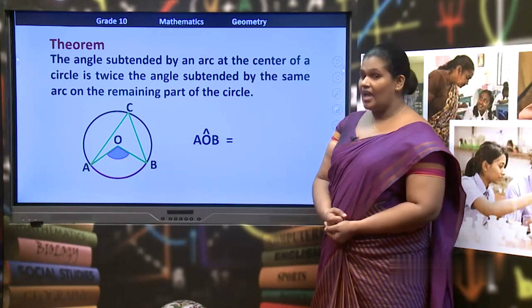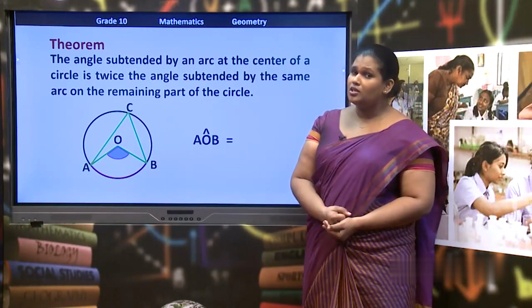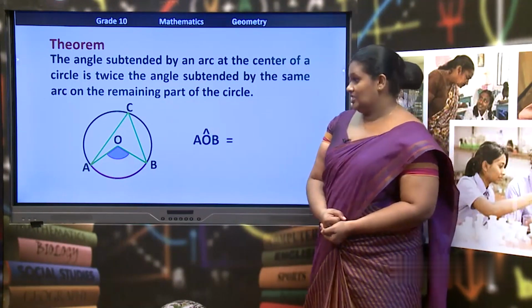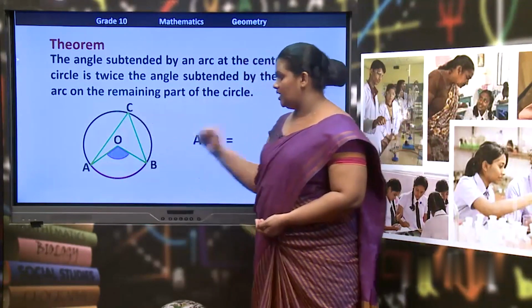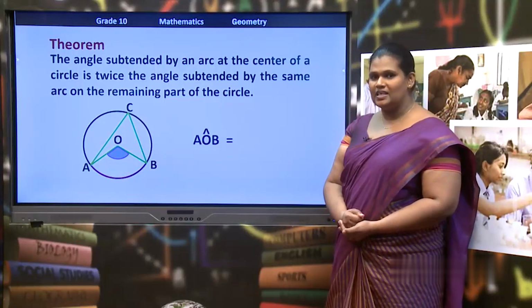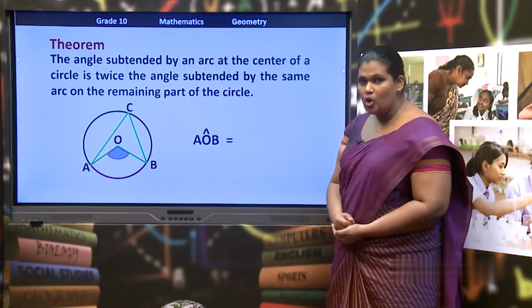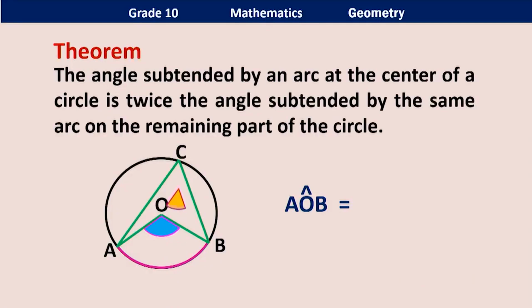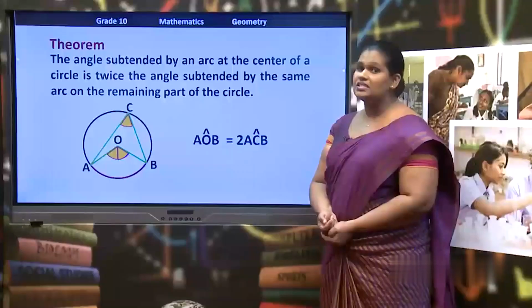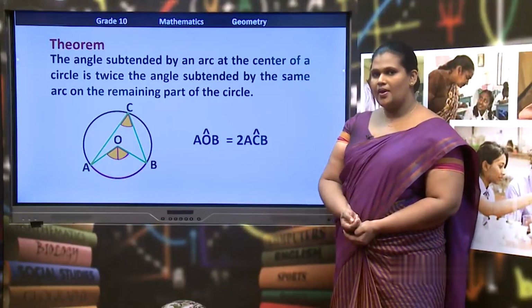What is the angle subtended by the same arc on the remaining part of the circle? Yes, that is angle ACB. According to the theorem, we can say angle AOB is equal to twice angle ACB. I will say it once again. Angle AOB is equal to twice the angle ACB.